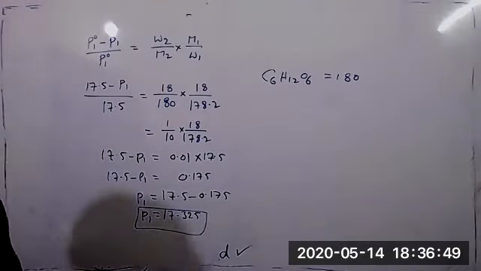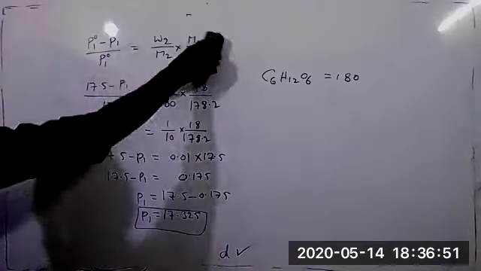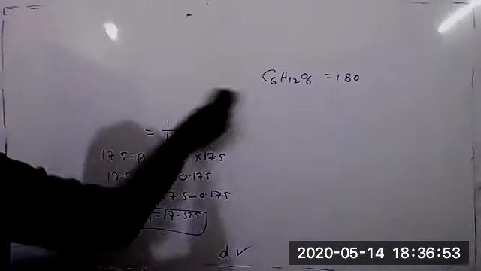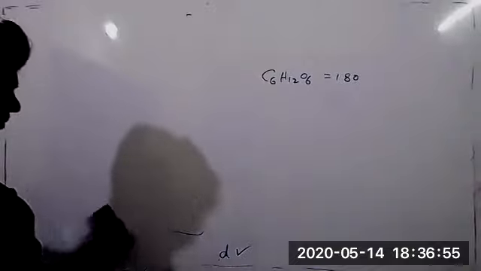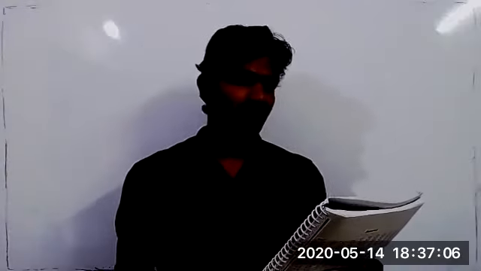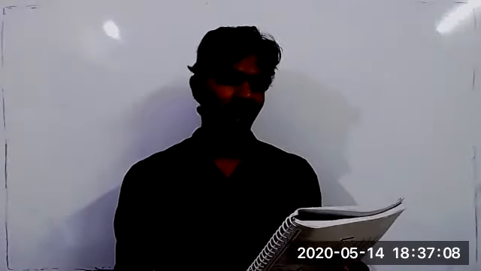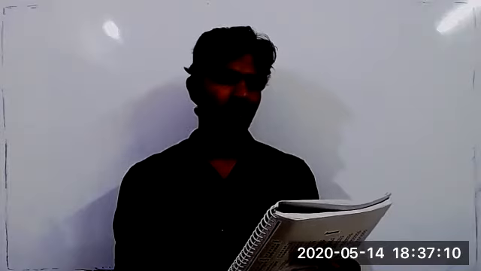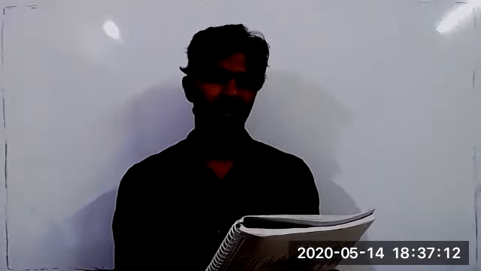Okay, next question, 47. That is all based on Raoult's law. Listen to the question. A mixture of ethyl alcohol and propyl alcohol has a vapor pressure of 290 mm at 300 Kelvin.